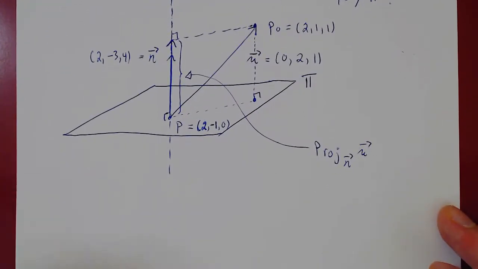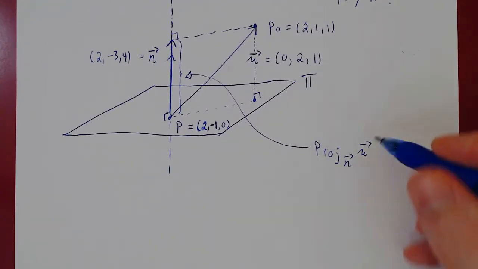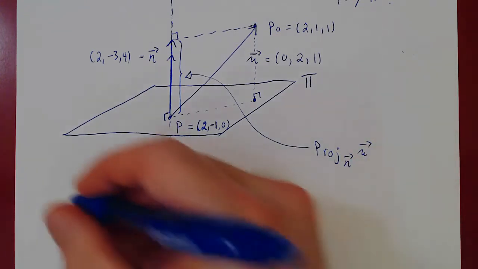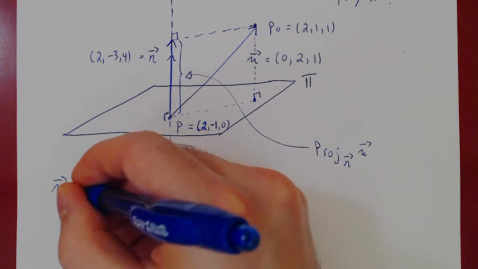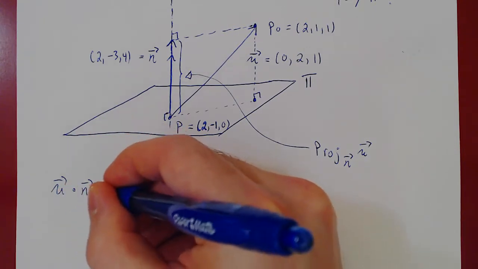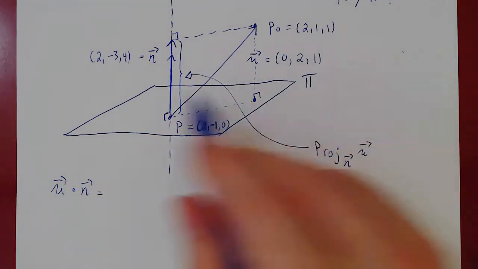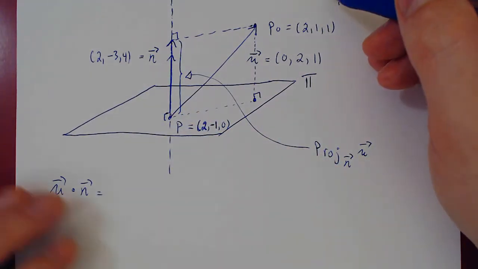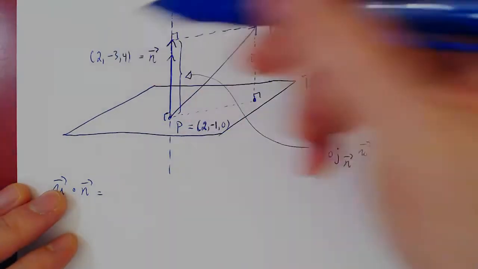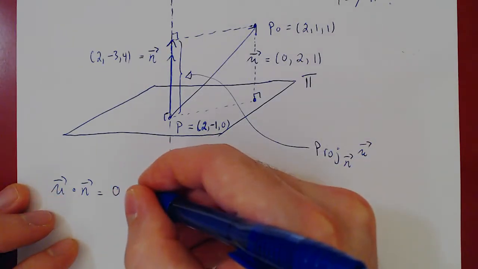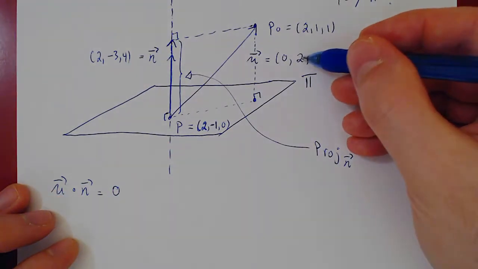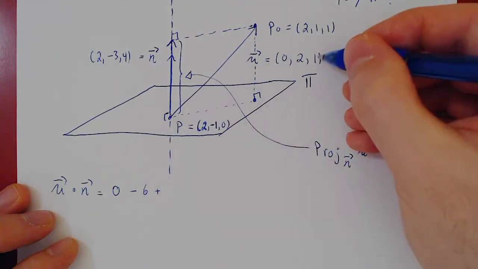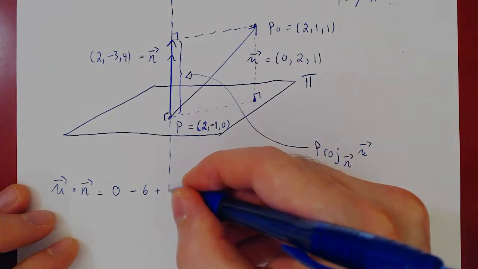Well, what we need for the projection, if you recall, is the dot product between u and n, over n dot n. So let's compute u dot n. So u dotted with n. As always, we multiply corresponding entries and we add them up. So 0 times 2 is 0, plus 2 times negative 3 is negative 6, plus 1 times 4 is plus 4.